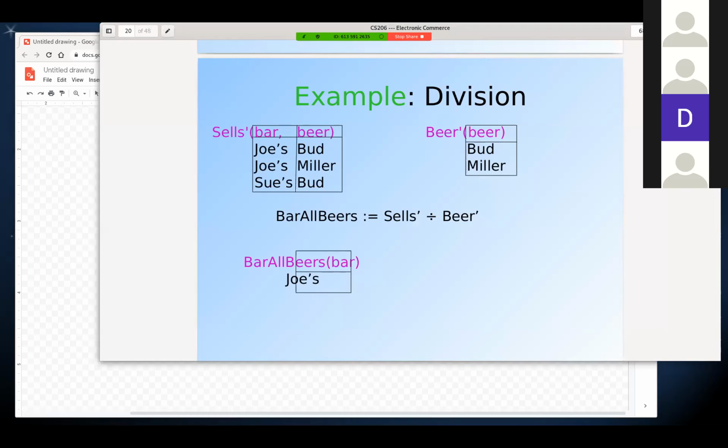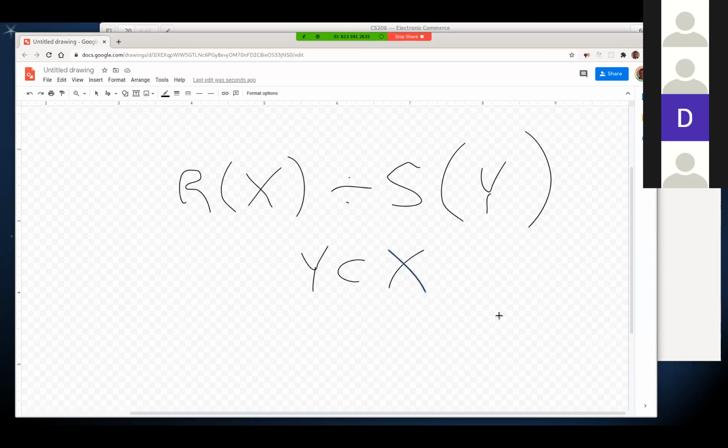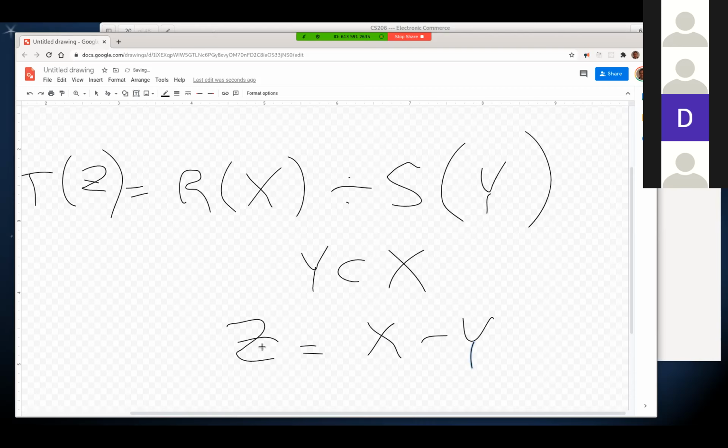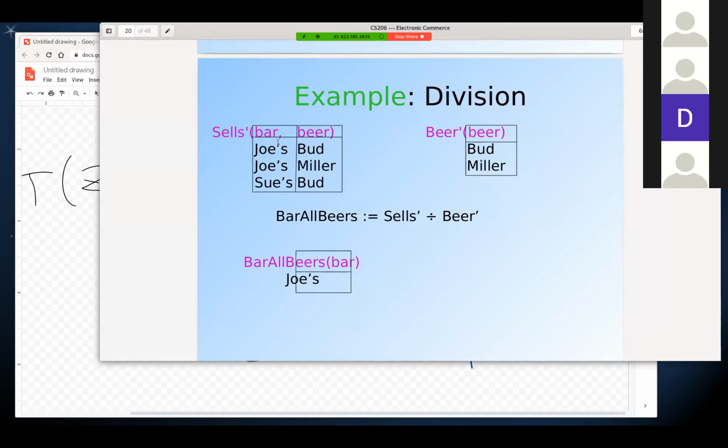That is a proper subset of X. The result equals, let's say, T over Z, where Z equals X minus Y. So Z is just the set of attributes that are in X but not in Y. What comes out of this is going to be bar, because bar and beer minus beer is just bar, and that's what you get out. This is the structure of what's coming in and out.